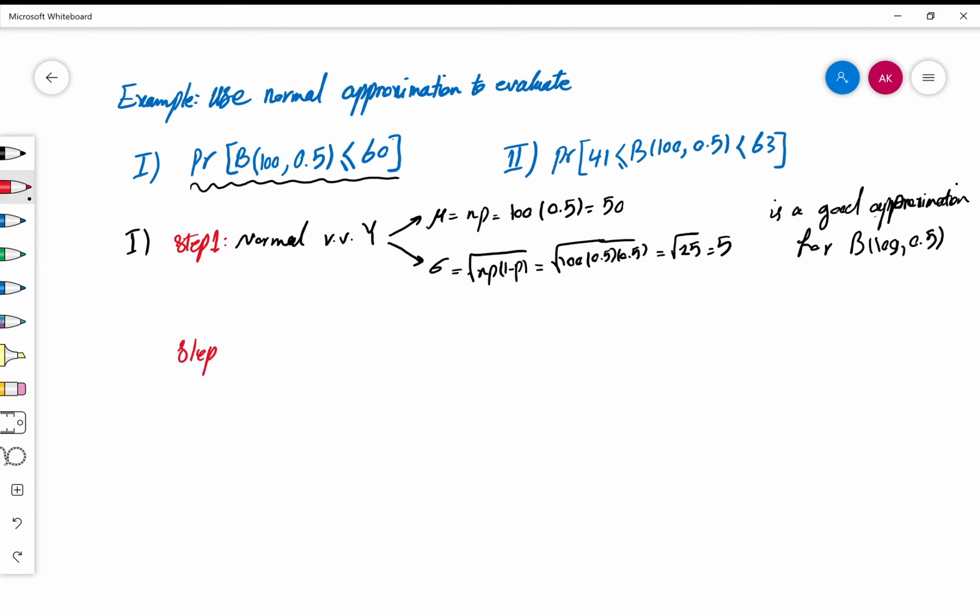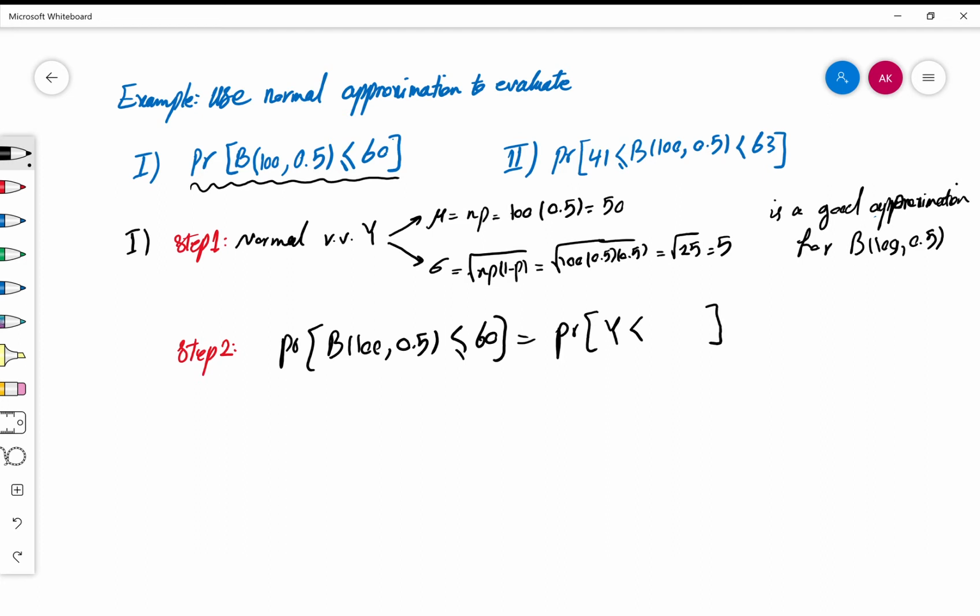Then step two is that we turn the binomial probability into a continuous Y probability. So if we start with the probability of B(100, 0.5) less than or equal to 60, this can be turned into an interval for Y. But how do we find that? For binomial, we have these values, 60 including 60, then 59, and then 58, and so on.